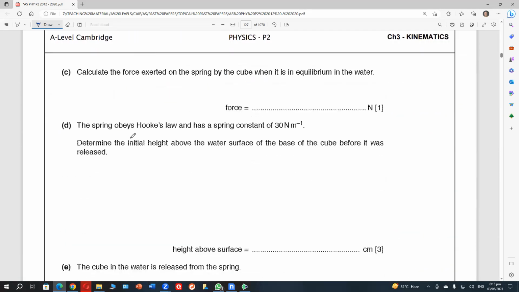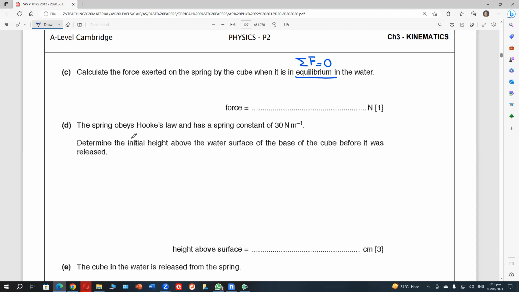Now we have to move forward to this. Calculate the force exerted on the spring by the cube when it is in equilibrium with water. Equilibrium means resultant force will be 0. It is a force exerted on the spring by the cube.